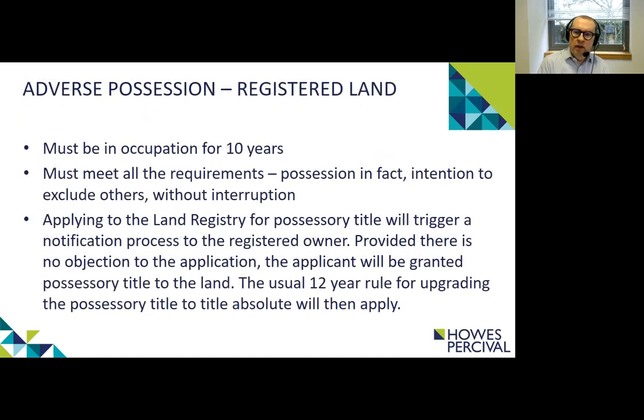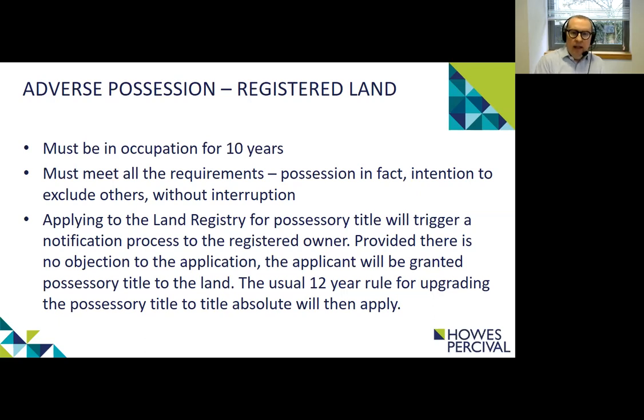The usual scenario is that we're talking about registered land, and in about 1998, the government decided that it wanted to stop people gaining squatters' rights to land. So it brought in the Land Registration Act, which came into force in 2002.